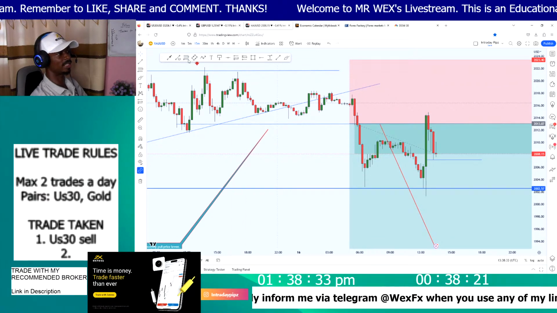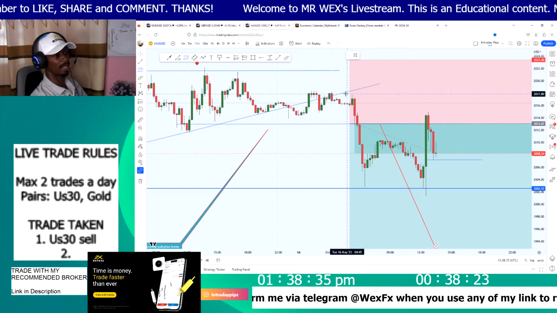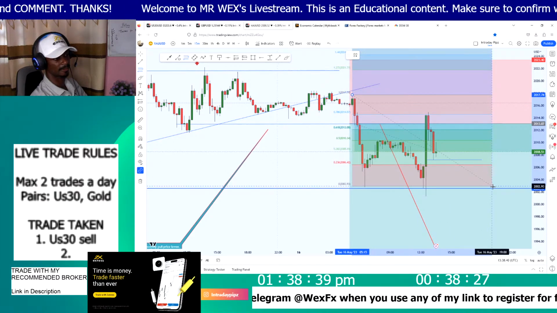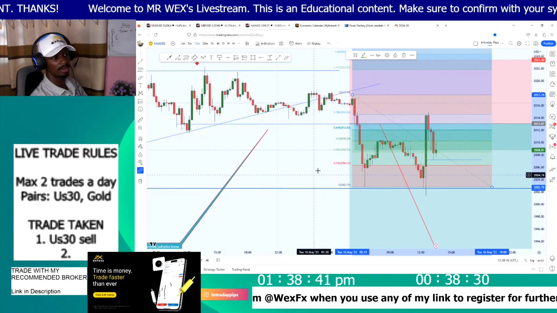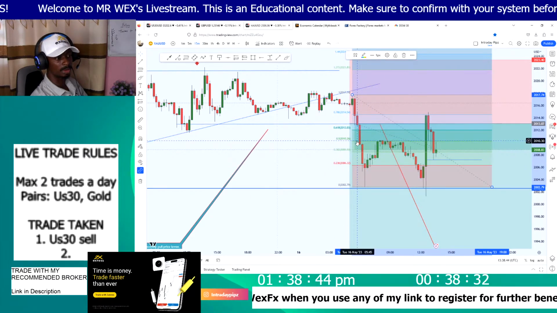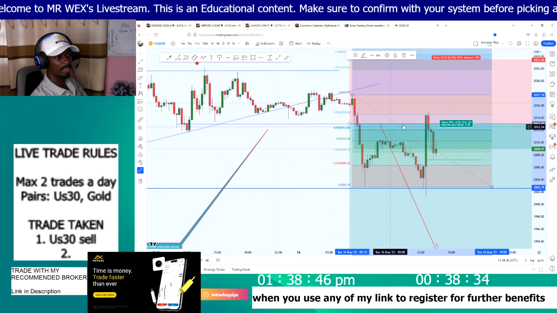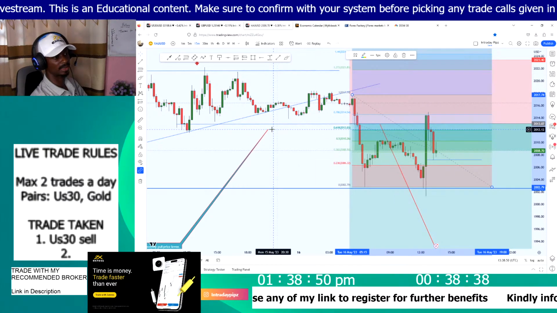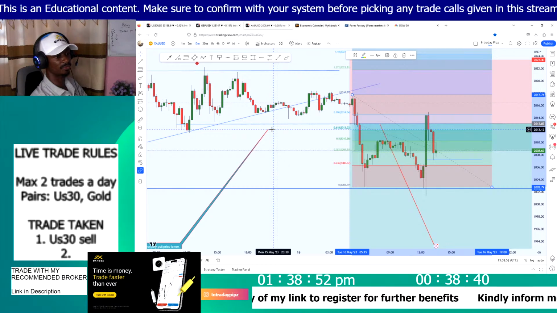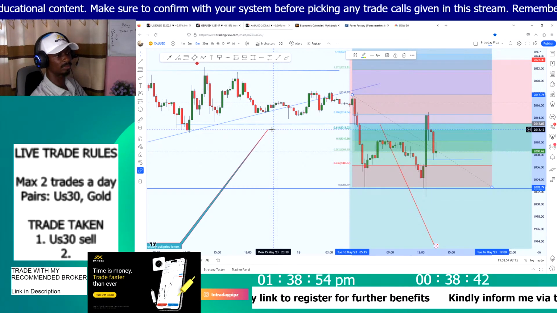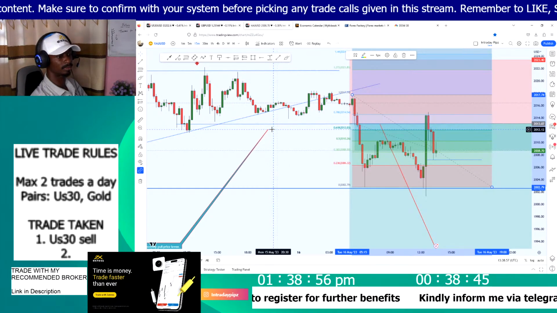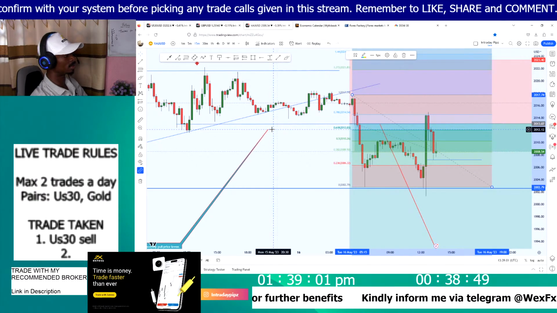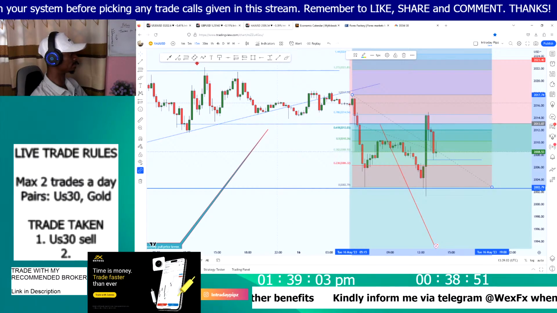Let's look at the percentage at which it has retraced. Ooh, the magic box. It went all the way to about 78% of that initial move. All right, so we are patient, guys.